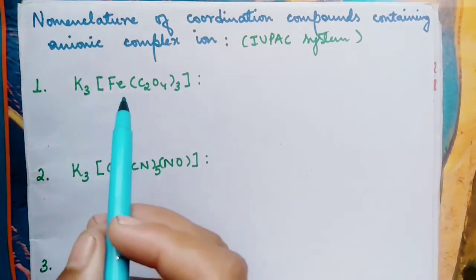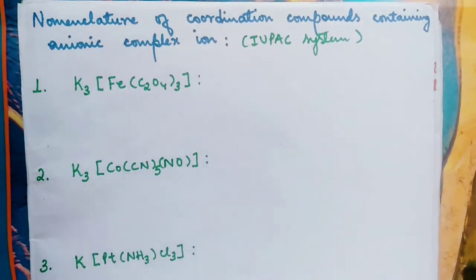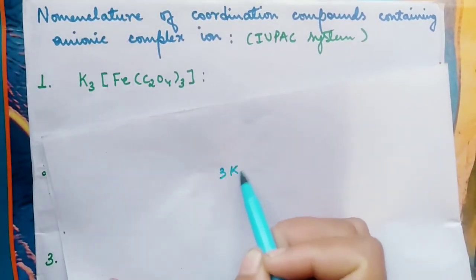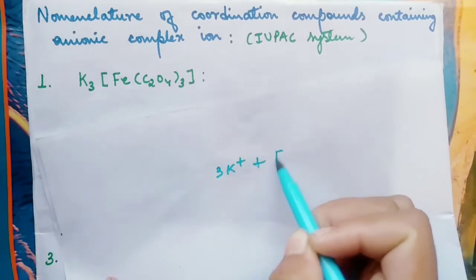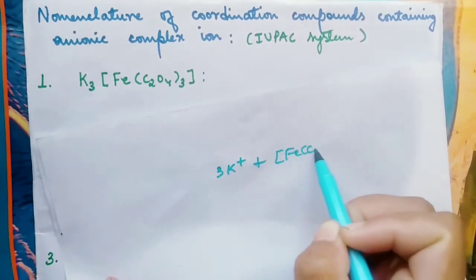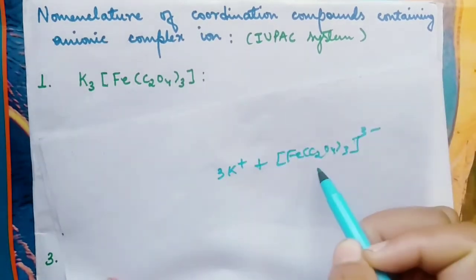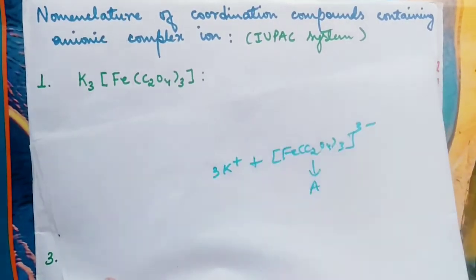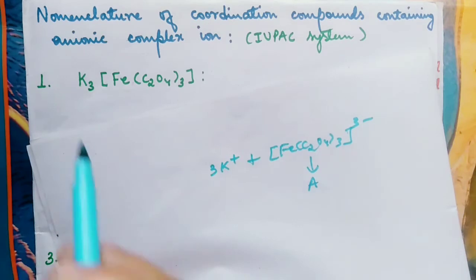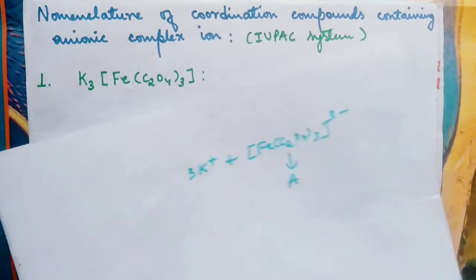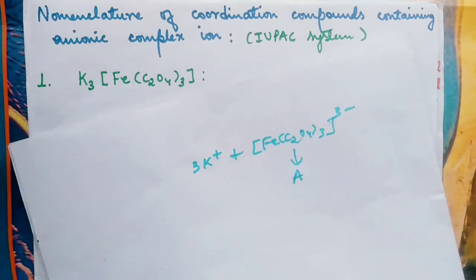So how do we know that this one is an ionic complex ion? Because it dissociates into 3K plus and Fe(C2O4)3 3 minus, so this is an ionic complex ion. That's why it is a coordination compound containing ionic complex ion.